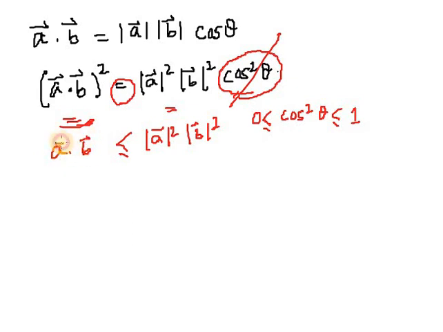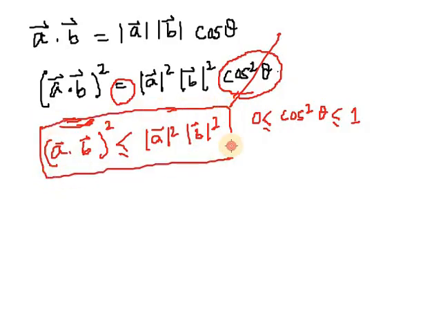This is the counterpart of the Cauchy Schwarz inequality in our usual vector space. It just tells you that cos square theta has a value between 0 and 1, and from there you can directly understand this inequality.